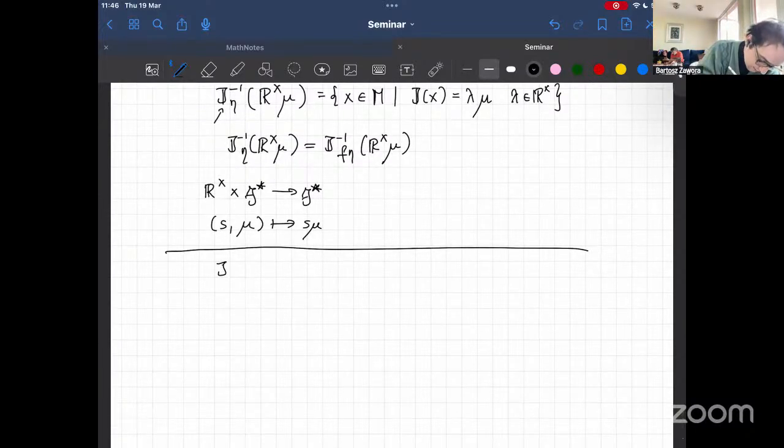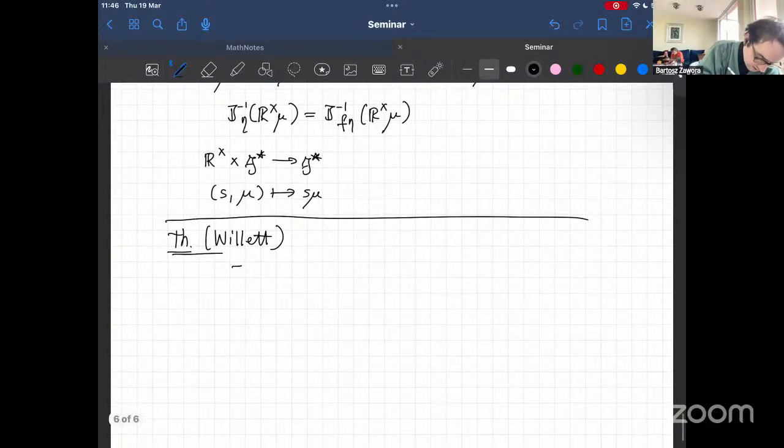Okay, so basically Willett's theorem says that, first of all, we need to have this technical condition: ker mu plus g mu equals g, right?